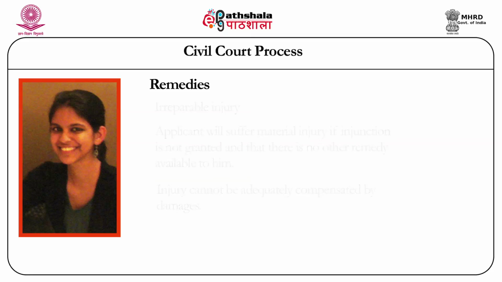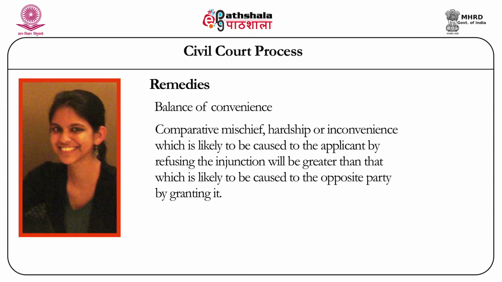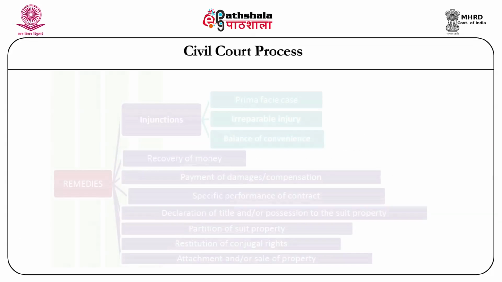The third pillar, balance of convenience. Here the court must be satisfied that the balance of convenience is in favor of the applicant. In other words, that the comparative mischief, hardship, or inconvenience which is likely to be caused to the applicant by refusing the injunction will be greater than that which is likely to be caused to the opposite party by granting it.